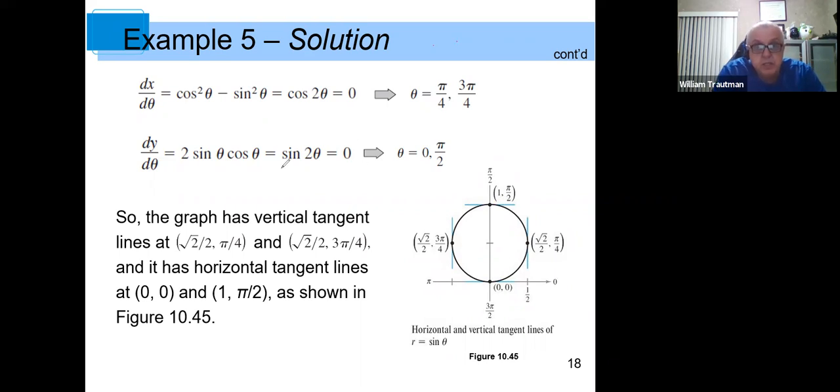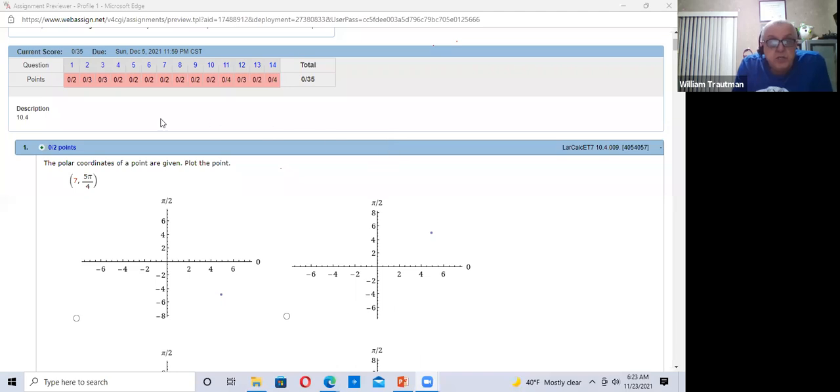And I think we have one more problem to do here. Oh, I guess not. Let's go to the homework. In the homework, we want to plot this polar coordinate, 5 pi over 4. This is 4 pi over 4, so 5 pi over 4 should be somewhere over here.